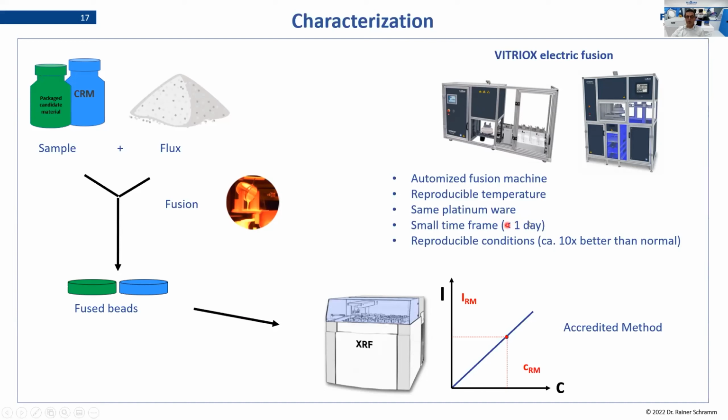And we try to make all the tests within one day, so that there is no time dependent variation in the sample preparation. If we keep all this constant on these machines, we can achieve a reproducibility which is about 10 times better than you would normally know from fusion. This means that the contribution of the sample preparation error is so small that we can really concentrate on our characterization and can use this finally as a reference material.